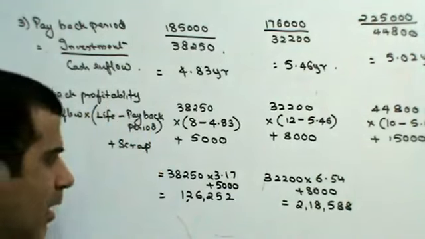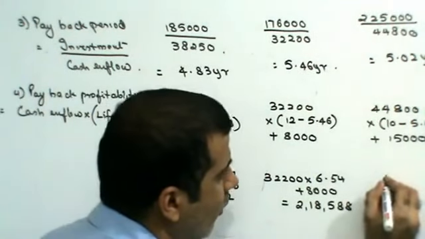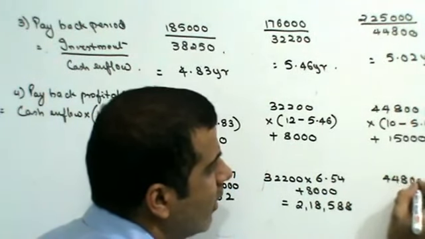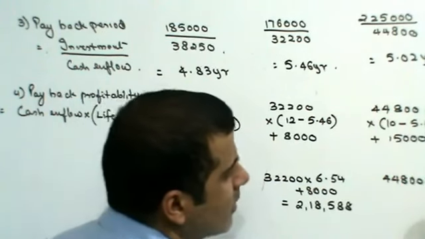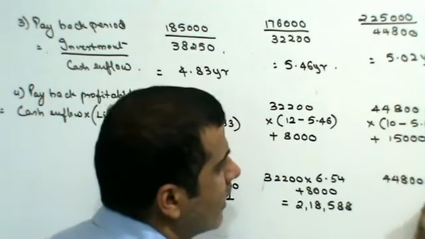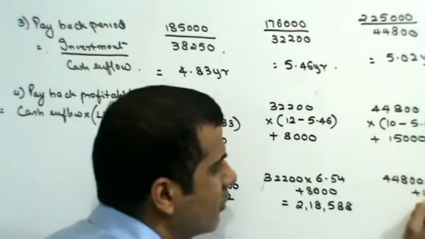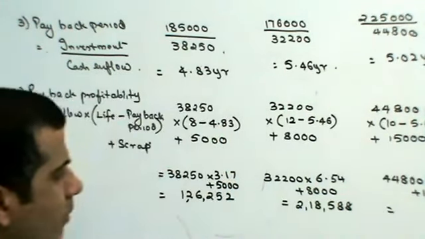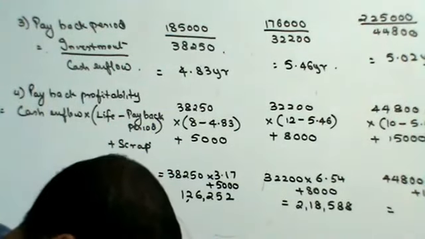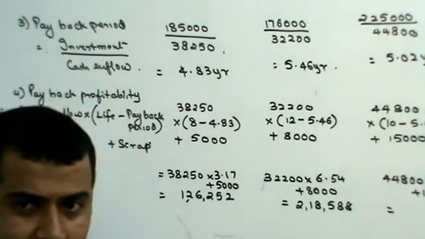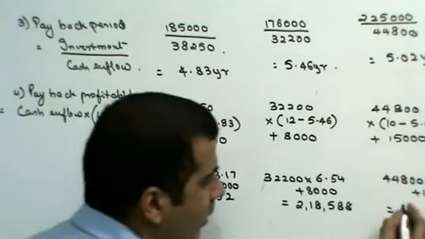Last one, 44,800 into, this is 4.98, plus 15,000, right? Which should come out approximately 2,38,000 something.